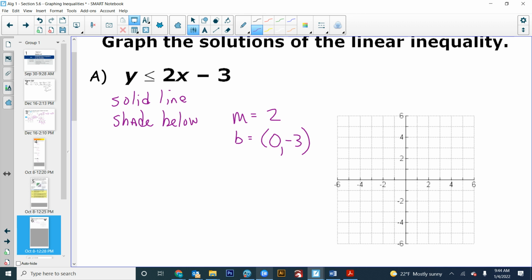Now we're just graphing inequalities. Where do I start? Alexis? -3, my y-intercept. Nice job. 0, -3. What is my slope, Mary? 2 over 1.